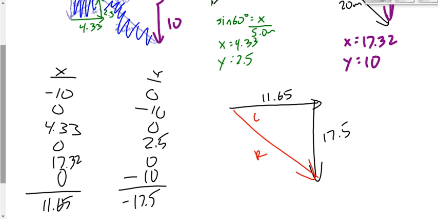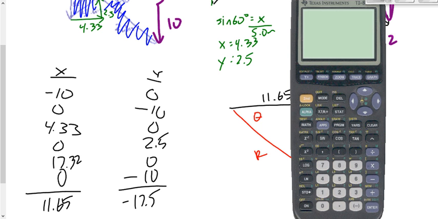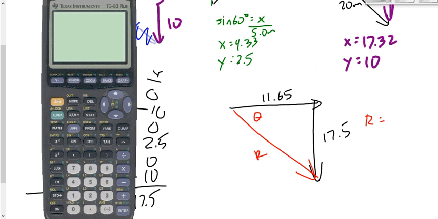Solve for r there, and we solve for theta there. R works out to be, let's do this in the calculator here, the square root of 11.65 squared plus 17.5. Notice I didn't even put the negative in there. Square root that. 21.